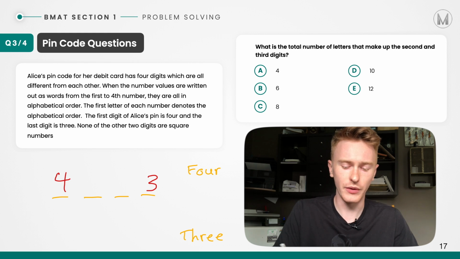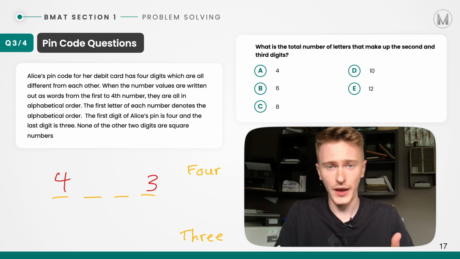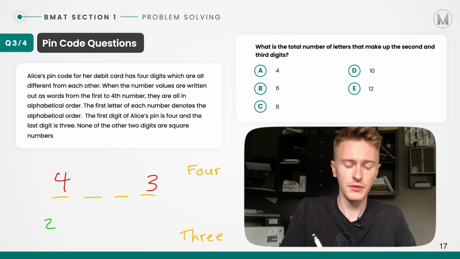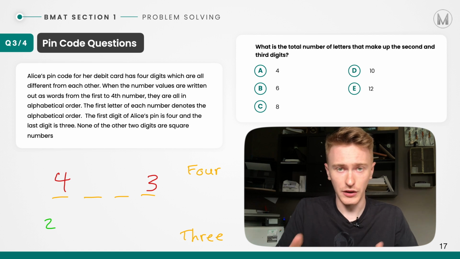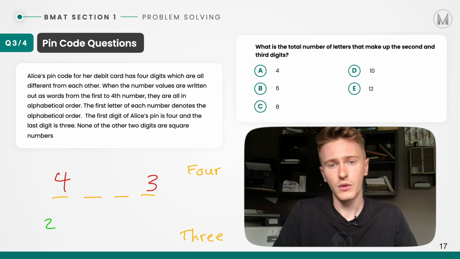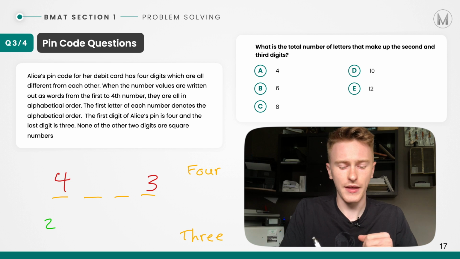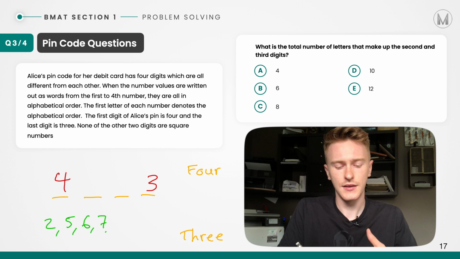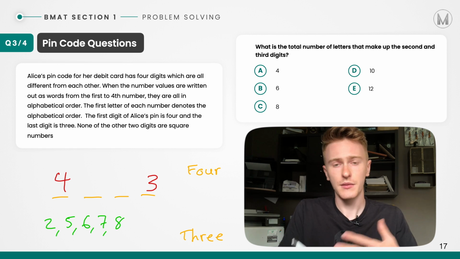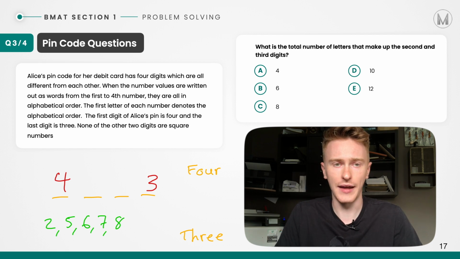So what numbers are we left with? Well, it can't be 1 because 1's a square. Could potentially be 2. Could potentially be 3 or 4, but we've already got those. Could be 5, so let's write that down. 6, 7, 8 it could be, but 9 is a square number, so it can't be that. So we're left with a choice of 5.